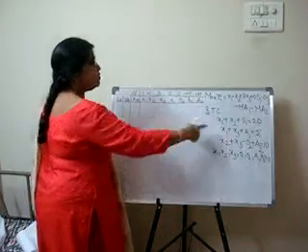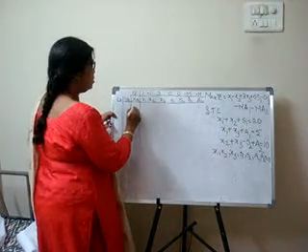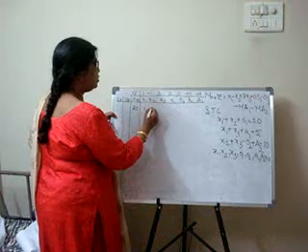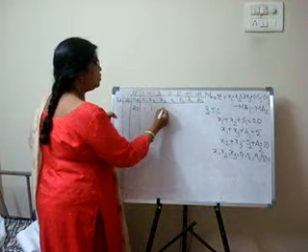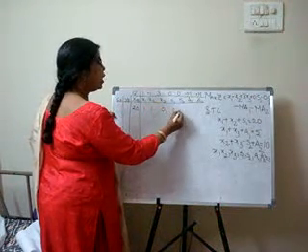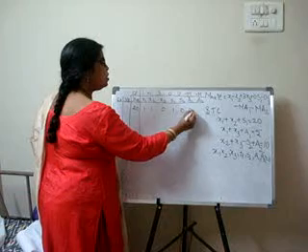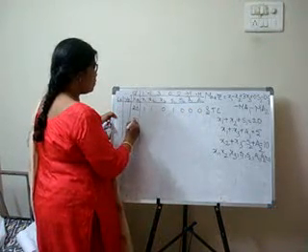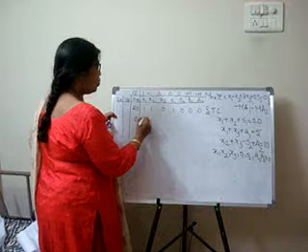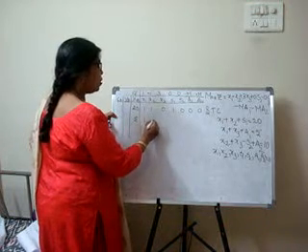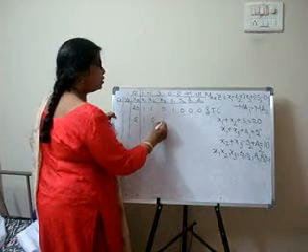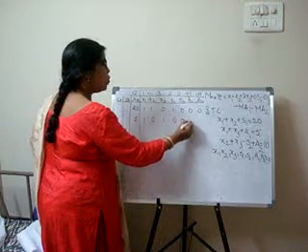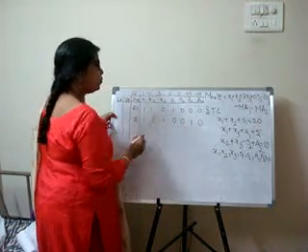Now, what is the first equation? How do we convert it? 20, 1, 1, 0, 1, 0, 0, 0. And the second equation, 5, 1, 0, 1, 0, 0, 1 and 0.